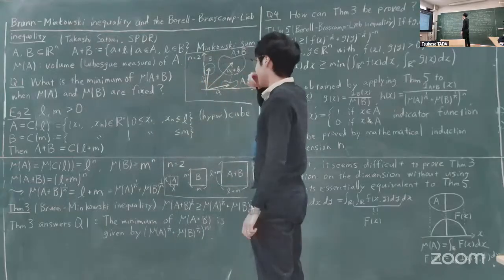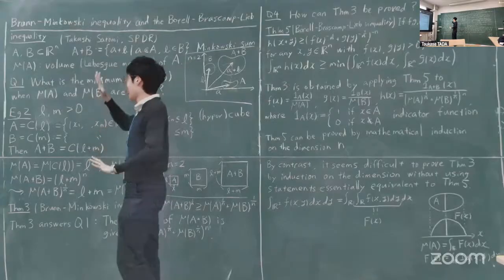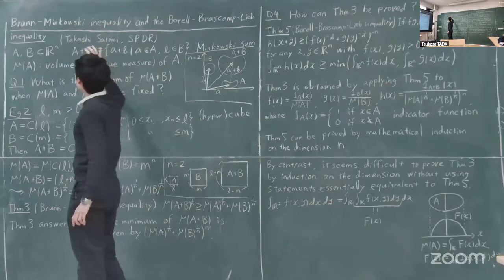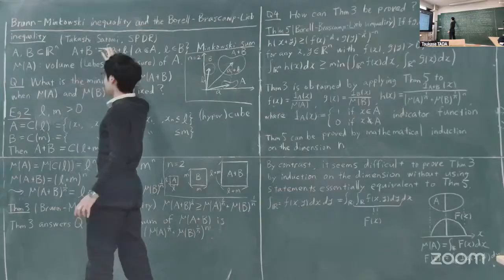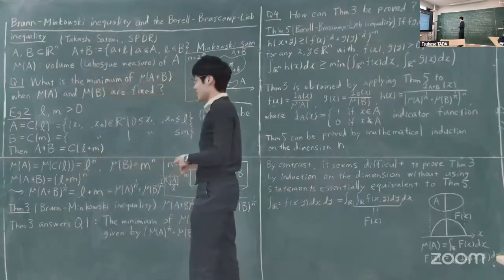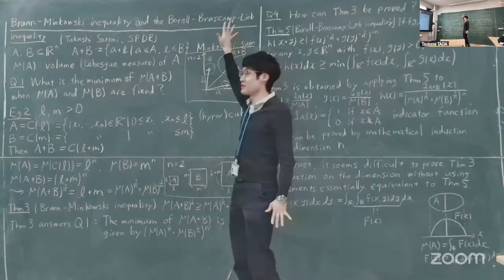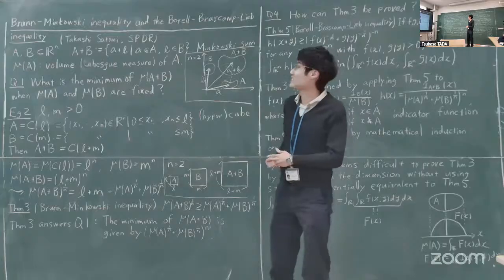So the application of the Brunn-Minkowski inequality can be regarded as an application of the Borell-Brascamp-Lieb inequality.